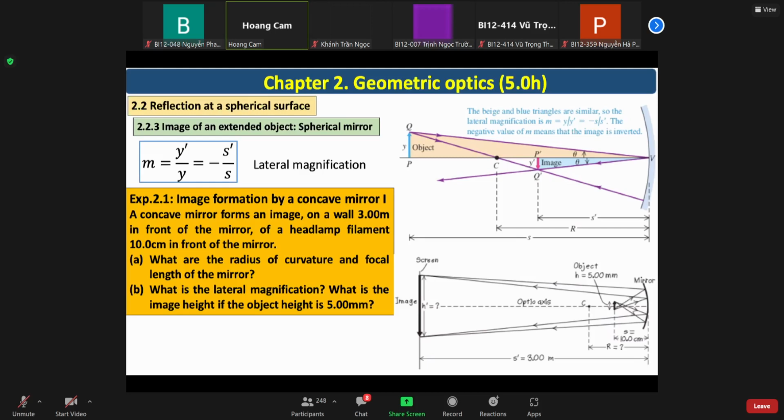And then in the case of reflection of a spherical surface, we know M equals Y prime divided by Y, and equals minus S prime divided by S. So you can find the lateral magnification, and then you can also find the image height.